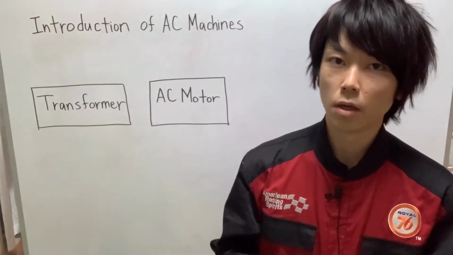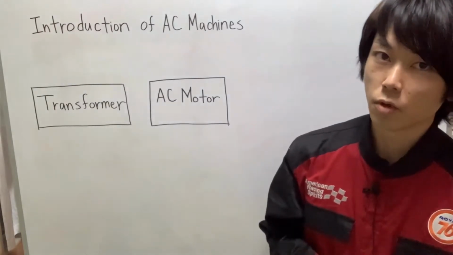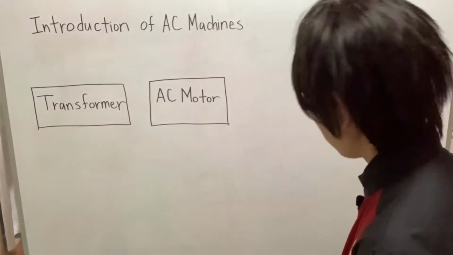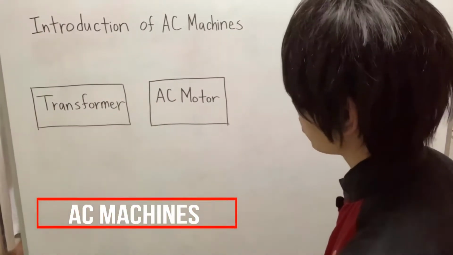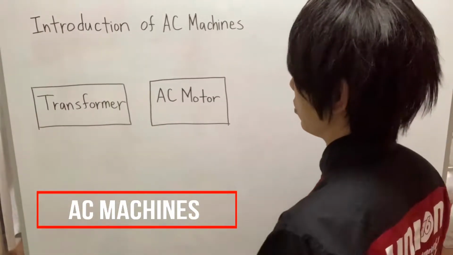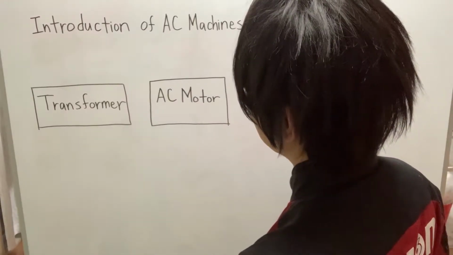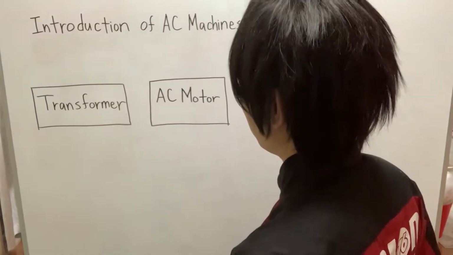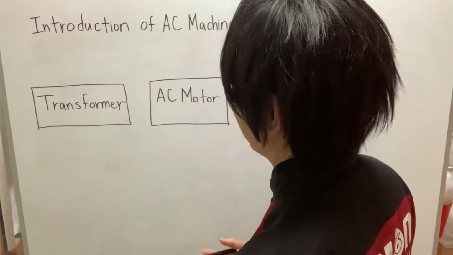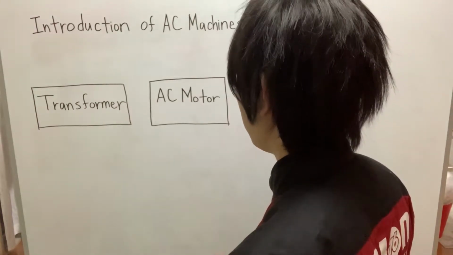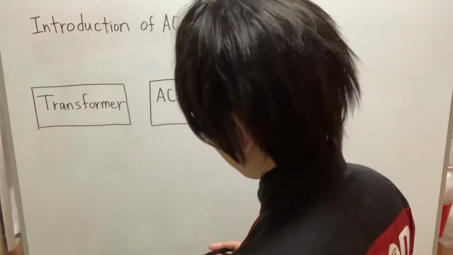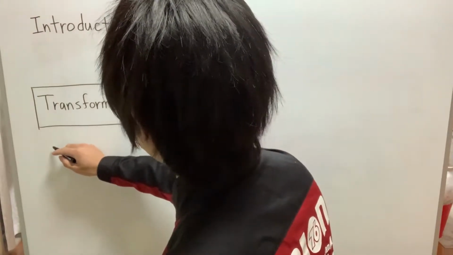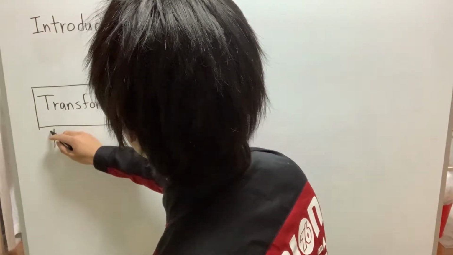Alright, so let's see the transformer first. So transformer, what does a transformer do? A transformer is the device which can change the magnitude of the voltage. So input is electrical energy.